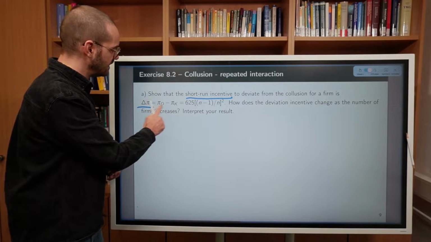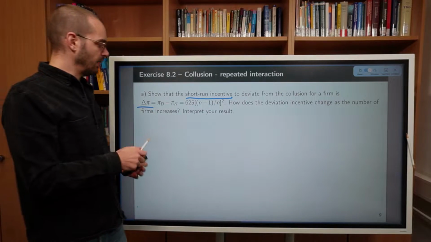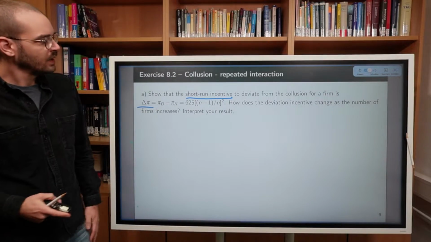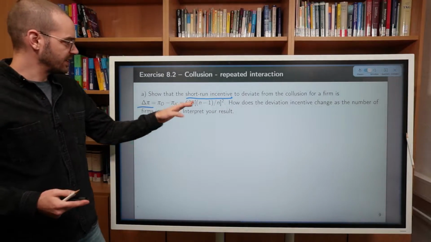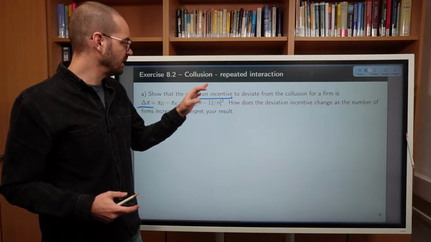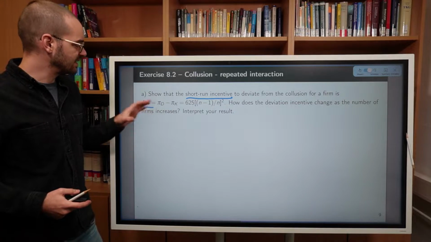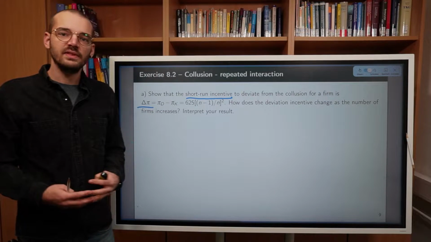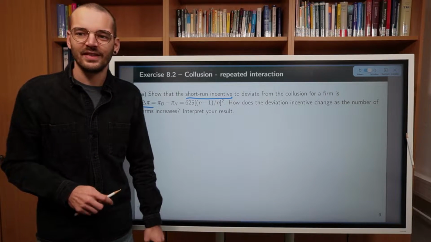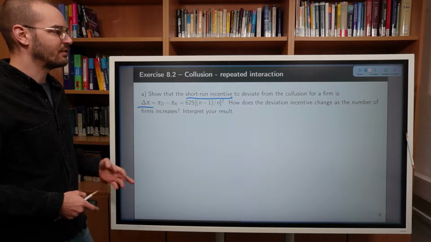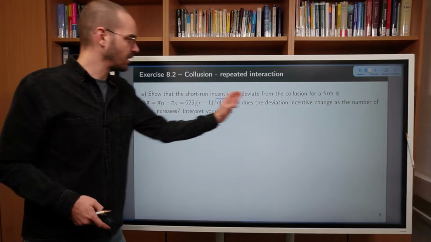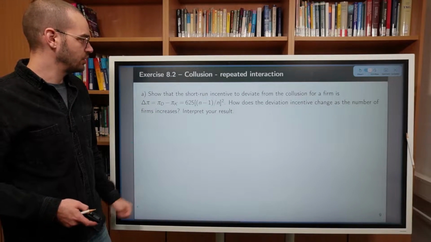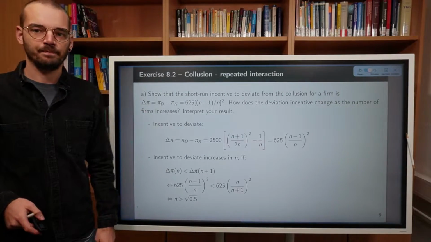All right, so pi d, the d stands for deviation, pi k, we already defined in the previous exercise, k for collusion. Now, we are asked to show that the incentive to deviate in the short run is exactly equal to this difference. And then we're asked to show how the deviation incentive changes as the number of firms in the market changes. Alright, let's start by showing what we're asked to show, namely the short run incentive to deviate.